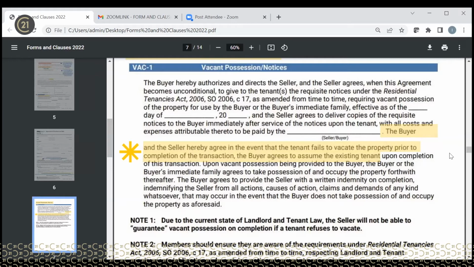99% of the time, the property does close because the tenant understands they have to leave. But if something should happen that they don't leave, you don't want any sort of major negotiation at closing between the lawyers because the tenant hasn't vacated.